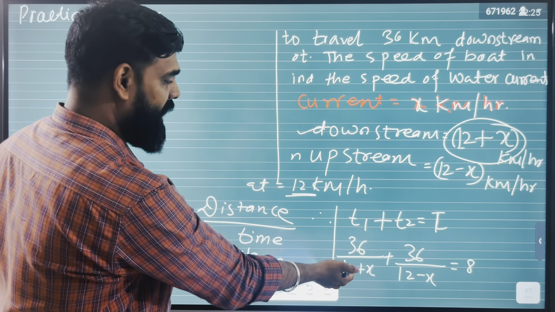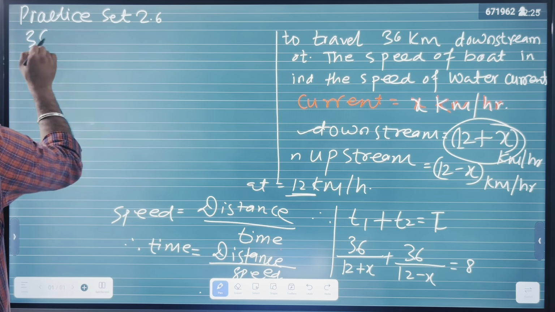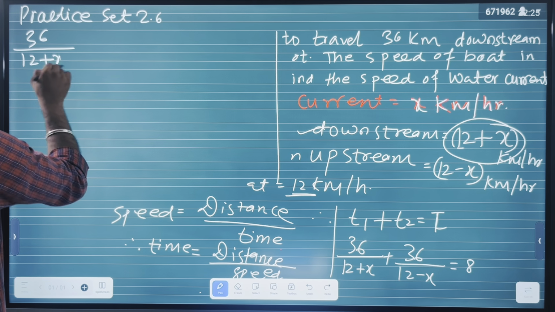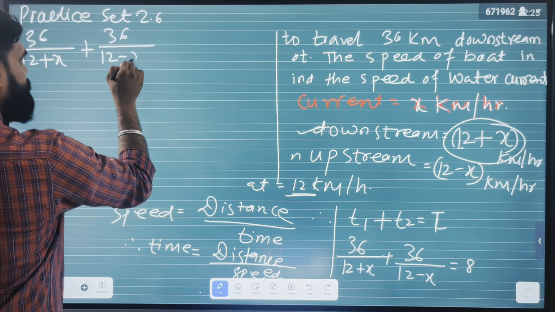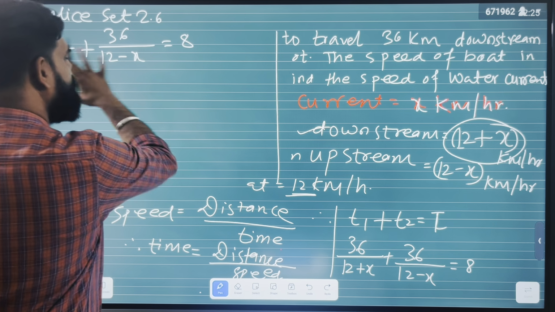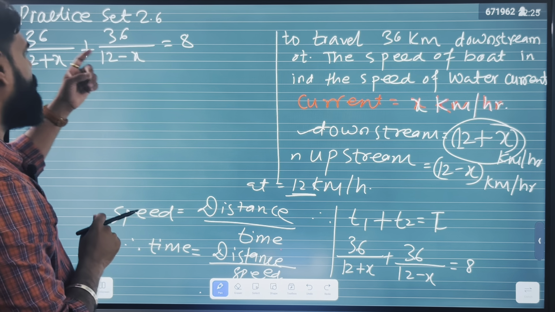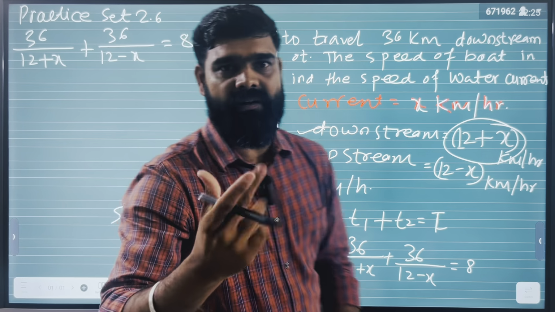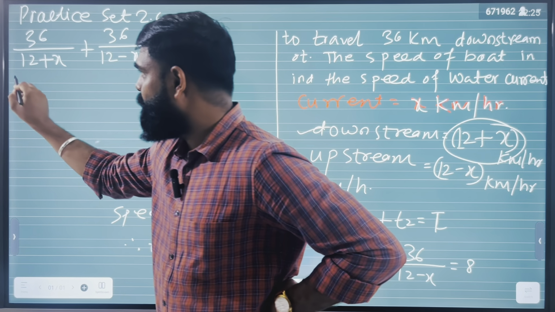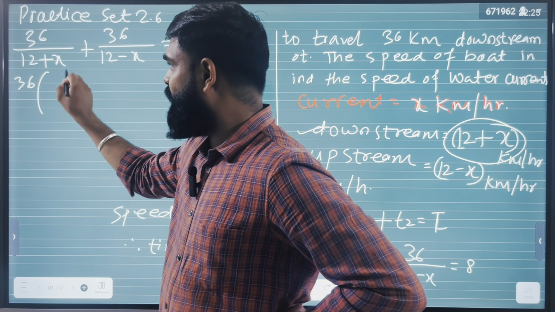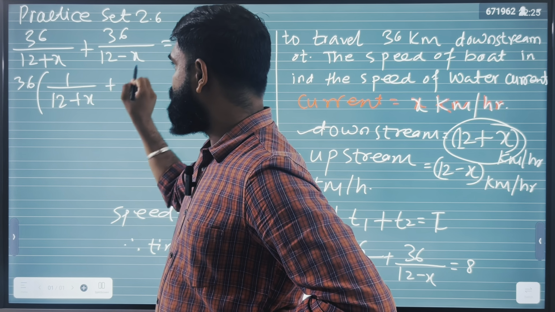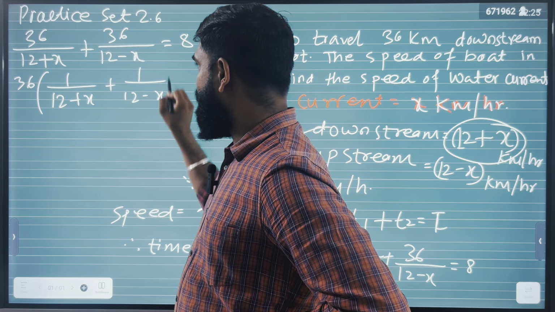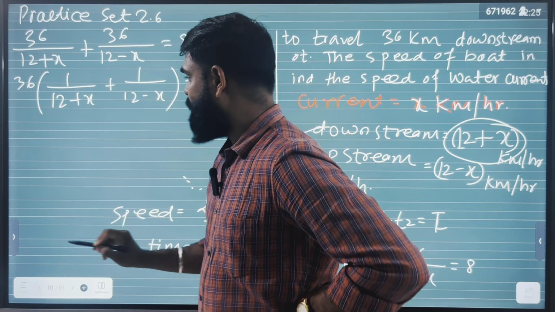Let us write 36 by 12 plus x plus 36 by 12 minus x is equal to 8. So this is the equation. For simplification, we can take 36 common, that will be 1 by 12 plus x plus 1 by 12 minus x is equal to 8.